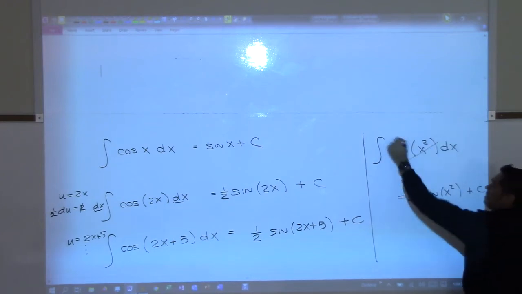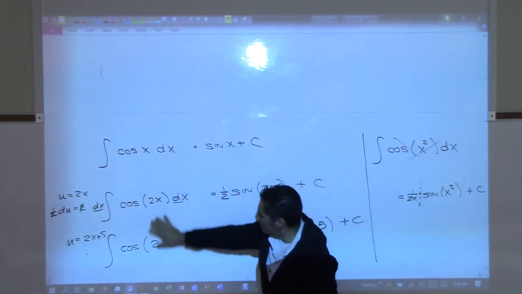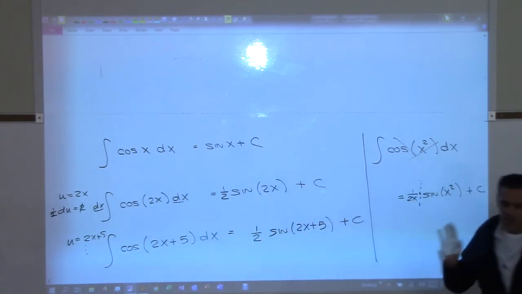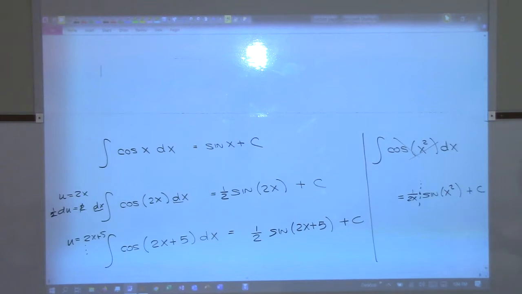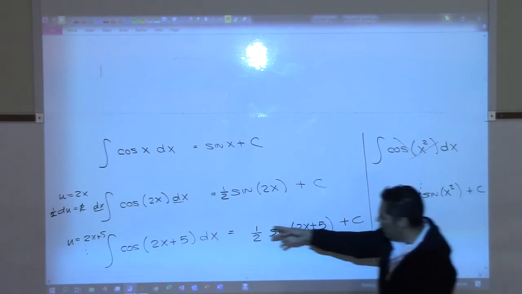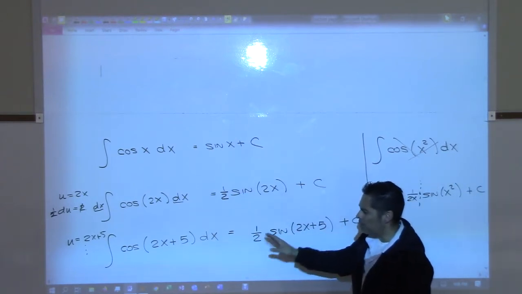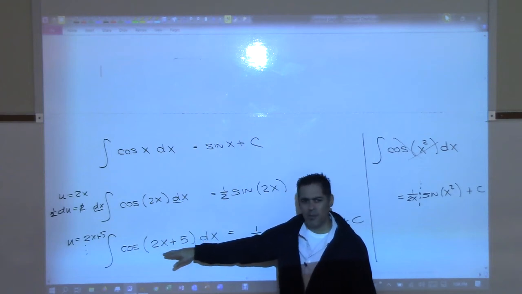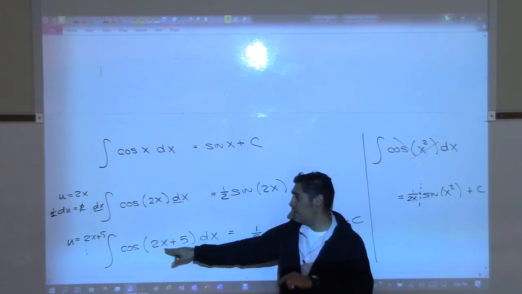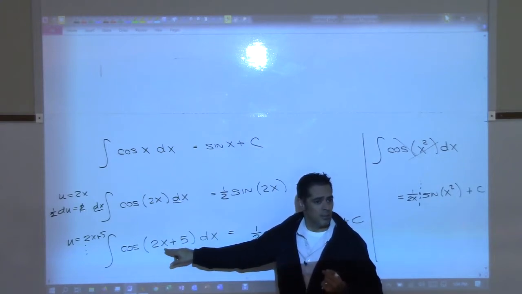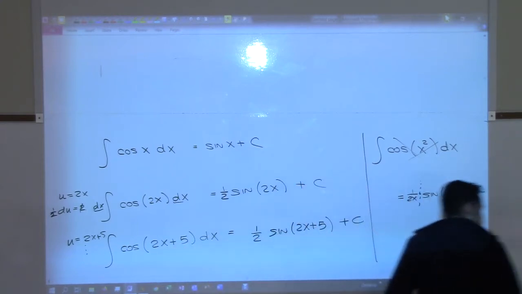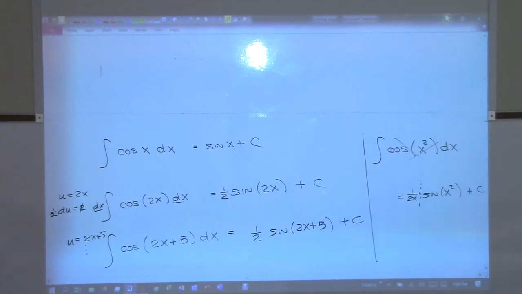This idea right here of just scaling out would only work when, I'm trying to see if anyone can tell me, this inside here would have to be some sort of constant times x. Just a single variable, not raised to a power. So a linear expression. Let me put that in a different way.